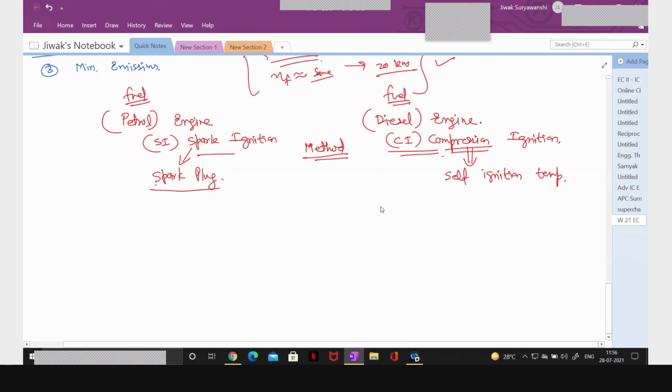This petrol has a higher self ignition temperature, approximately 350 to 400 degrees centigrade, while diesel has around 250 to 300 degrees centigrade temperature. So here we are using petrol which has higher self ignition temperature. Here we are using diesel which has lower ignition temperature.